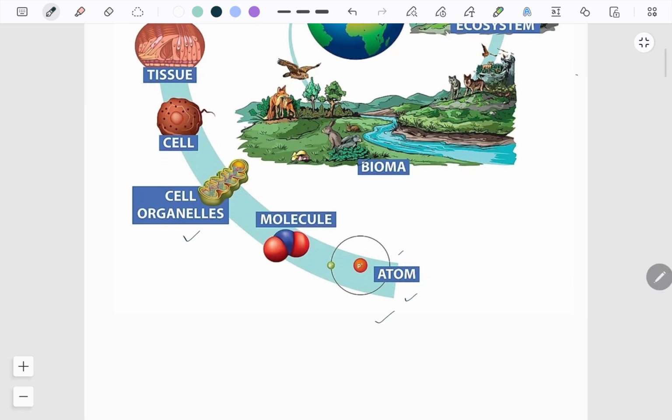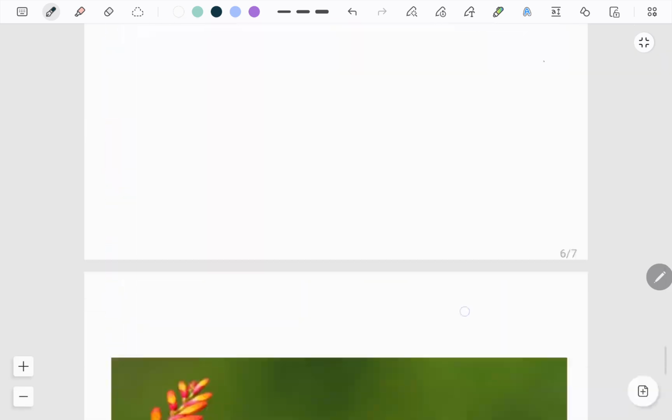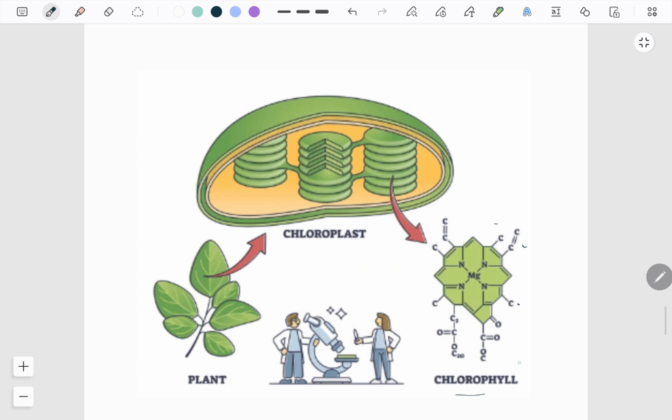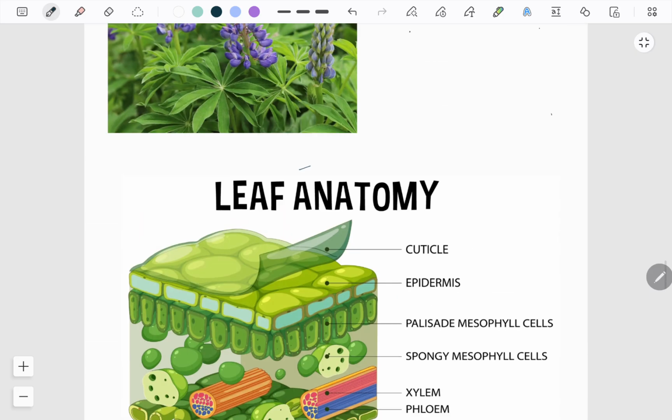See, different atoms make up different molecules. For example, inside a leaf there is chlorophyll molecule, which is made up of different atoms. Molecules like chlorophyll, and other pigment molecules, make up a cell organelle, for example chloroplast here, and different cell organelles make up a cell.